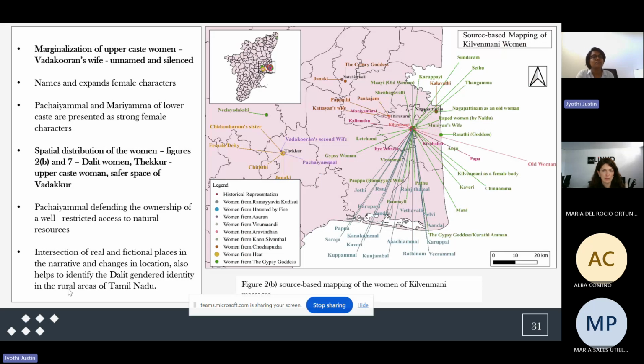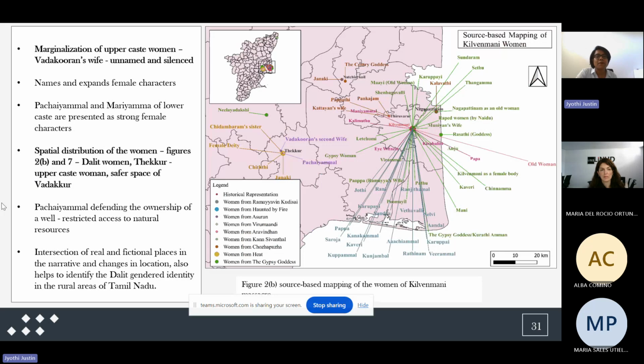women are mostly unnamed and silenced in the entire narrative. So in the map that I have given here, we can see that the spatial distribution of women is different. Like Dalit women are mostly concentrated in Takkur, whereas the upper caste women are located in a much safer space called Vadakur.